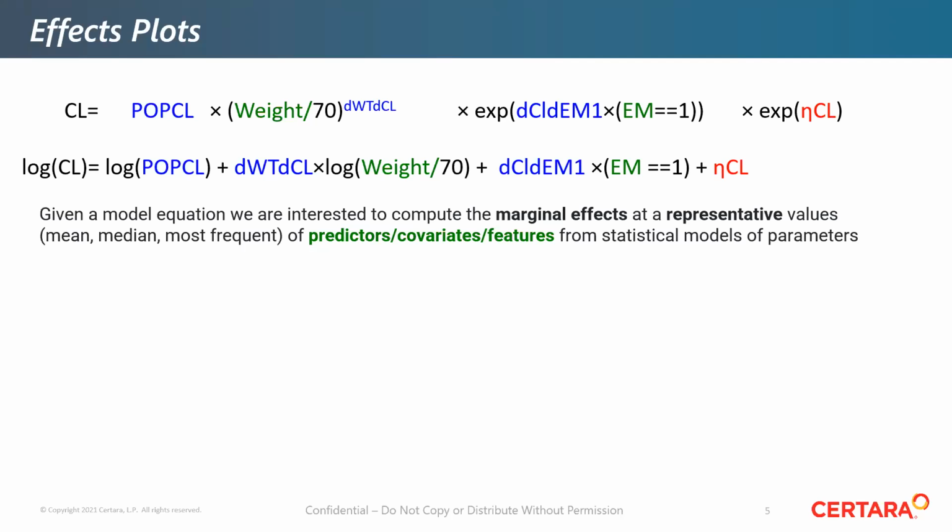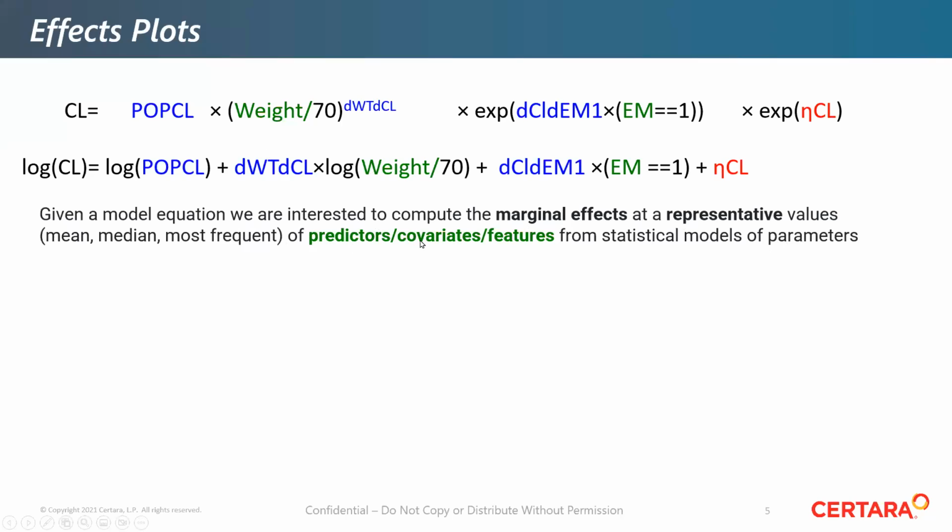So the marginal effects at representative values of the covariate. By representative, we might think the median of body weight would represent, or maybe the 25th percentile, 75th percentile, and so on. So we compute the effects at representative values from the statistical model.